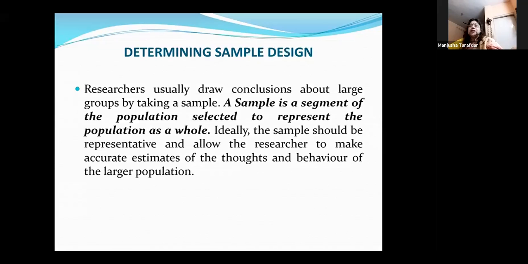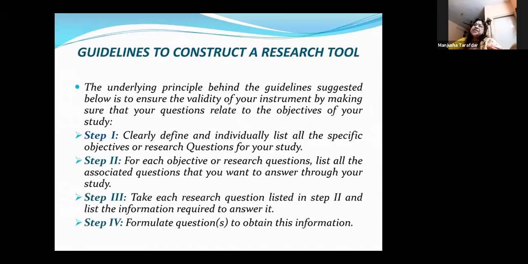Ideally, the sample should be representative and allow the researcher to make accurate estimates of the thoughts and behavior of the larger population. As you know, there are different types of sample. Sometimes we take a stratified sample. If a class of people is your ultimate interest or aim of the topic, then you can take a random sample.